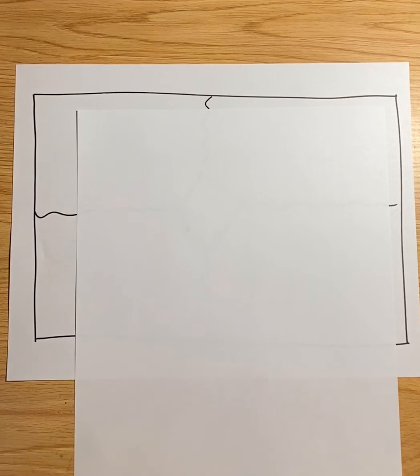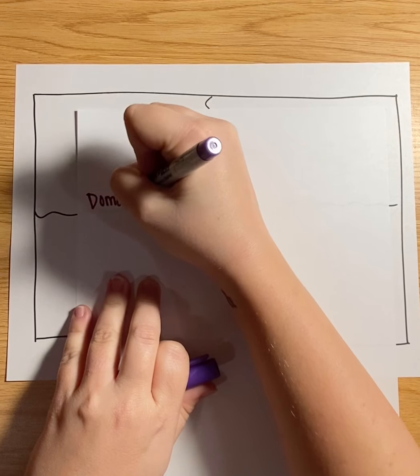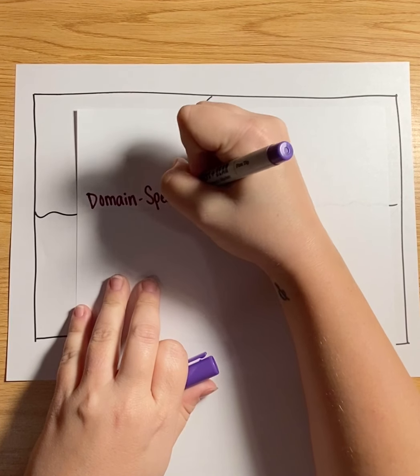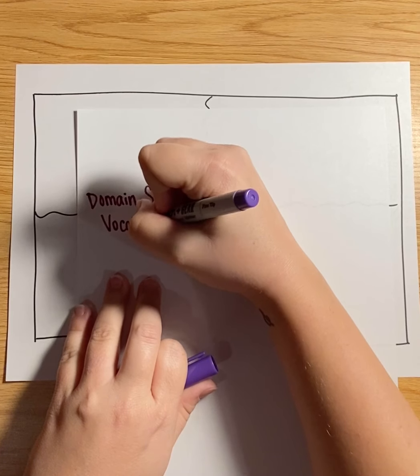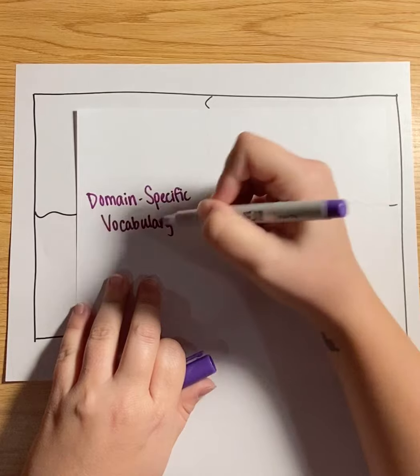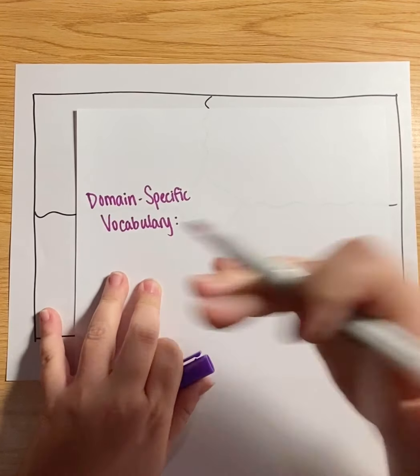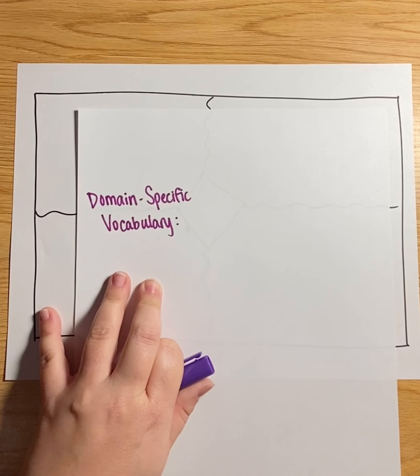There is something called domain-specific vocabulary. Okay, so that's something that's going to be vocab or words that apply to a specific category. So for example, this week our story is talking about politics.